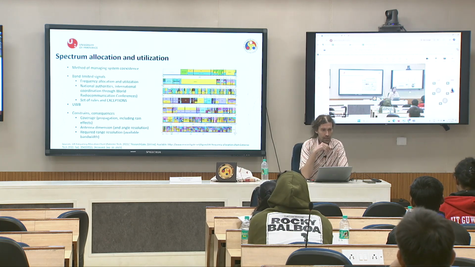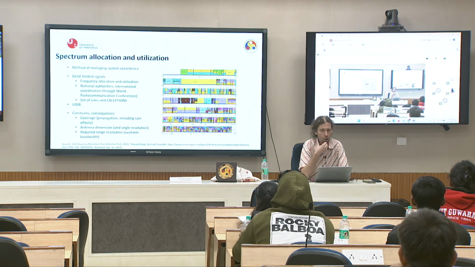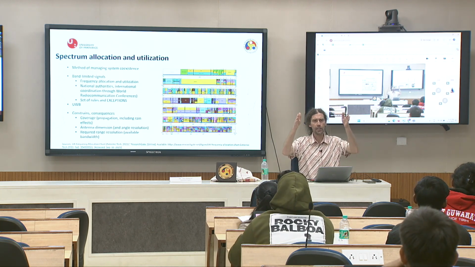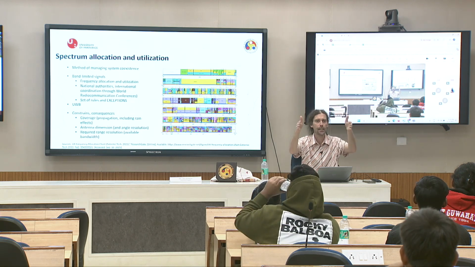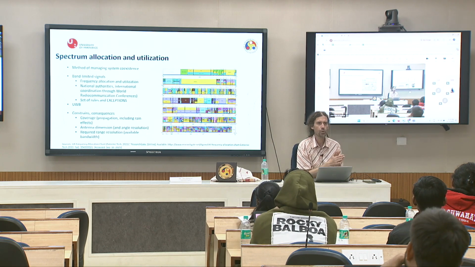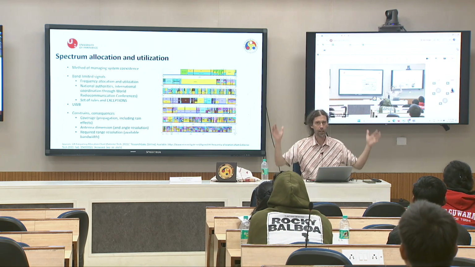Okay, frequency allocation and utilization is managed at World Radiocommunication Conferences, and they decide, okay, this frequency band we will use for radars or for radio navigation, this frequency band we use for other services, and it is worldwide.